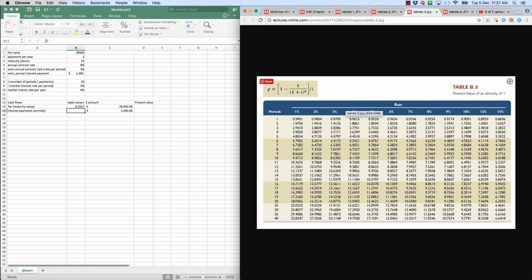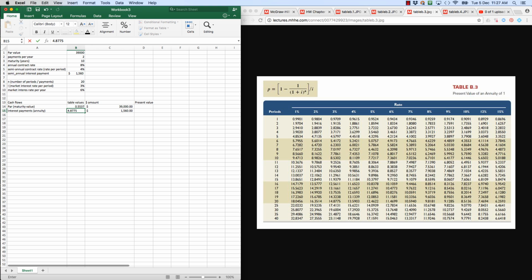We've got our I of 3 and our N of 20, 14.8775, which in English means you need to put away $14.88 roughly for each dollar that you want to withdraw at each period when the interest rate is 3%.